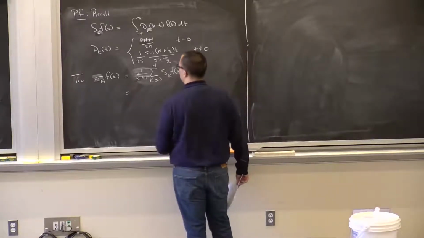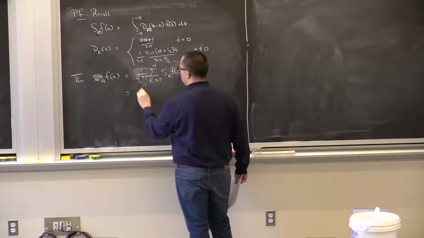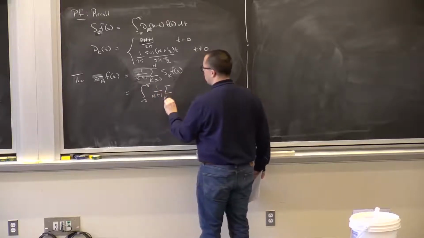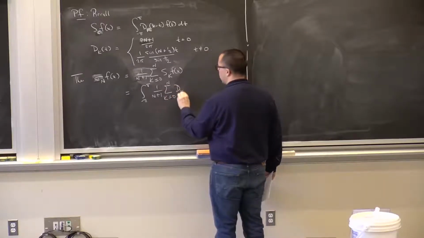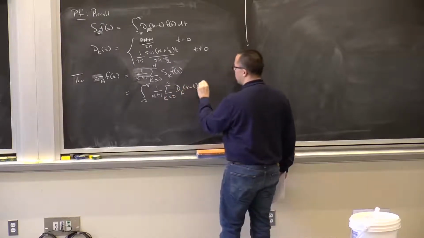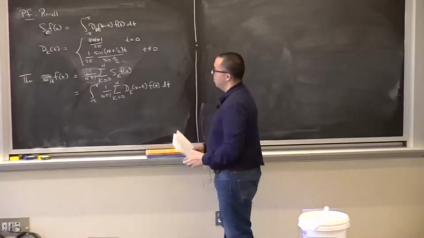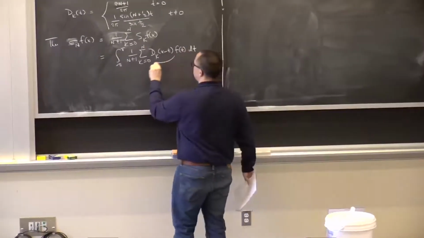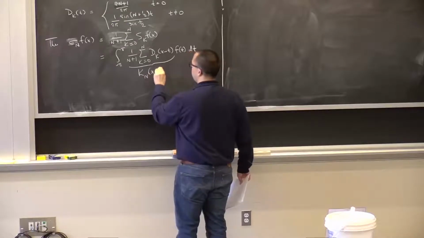And now Sk f of x is equal to this, so I can write this as the integral from minus pi to pi of 1 over n plus 1, sum from k equals 0 to n of Dk of x minus t, f of t dt. And so this here is Kn of x minus t.